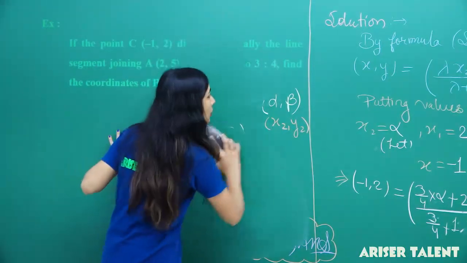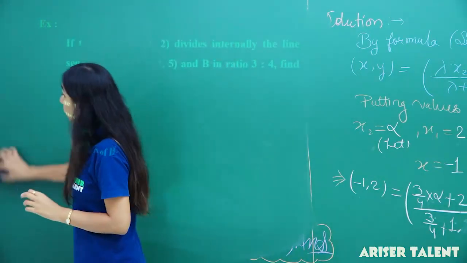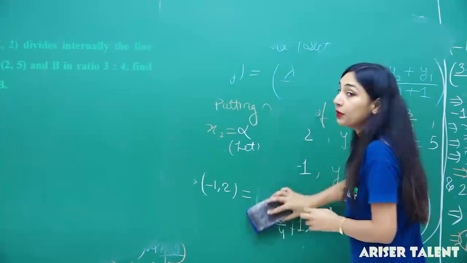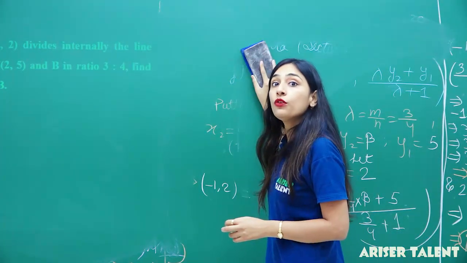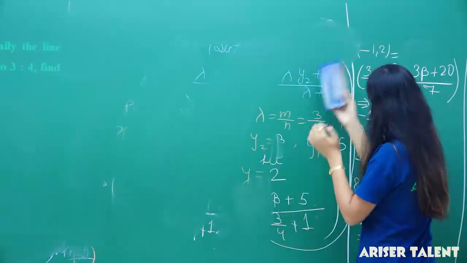Okay. So, this is a kind of interesting question now. The formula is same, right, guys? We don't have to learn very many formulas here, but we know how to use them. We know where to use the properties.